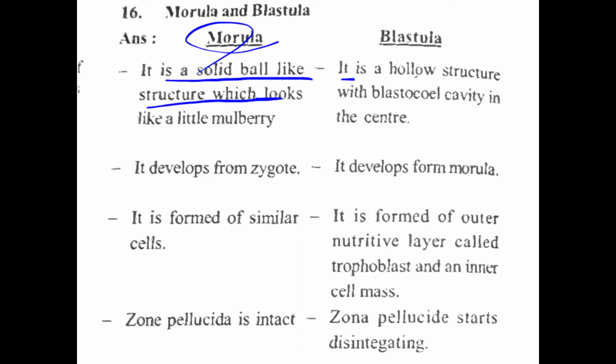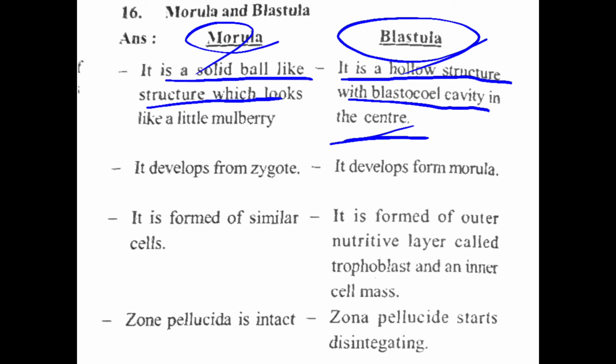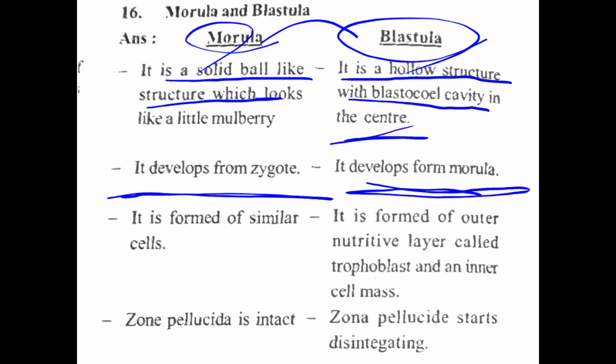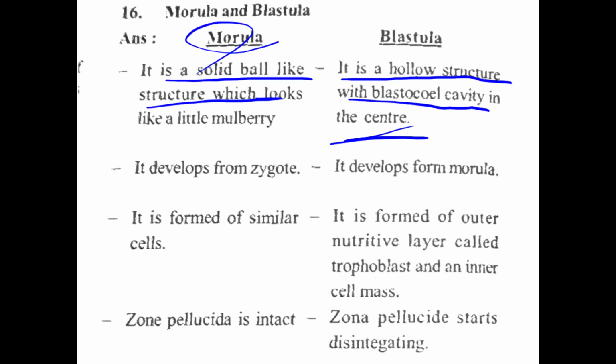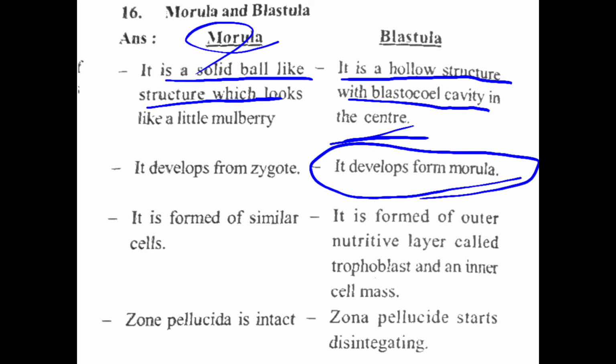A hollow structure with the blastocoel cavity in the center is known as blastula. It develops from the morula. First the zygote develops into morula, and morula develops into blastula.